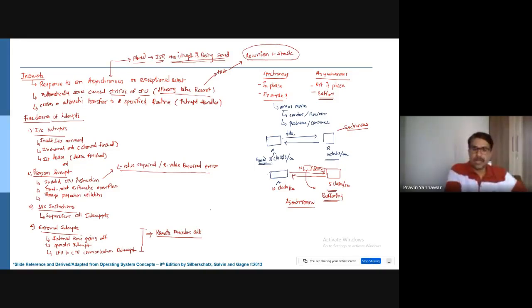The fifth class of interrupt, which is the last one, is called the machine check interrupt. It is related to hardware.